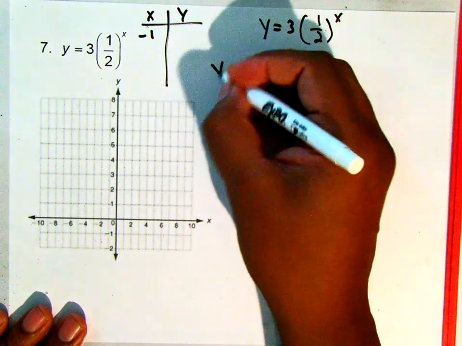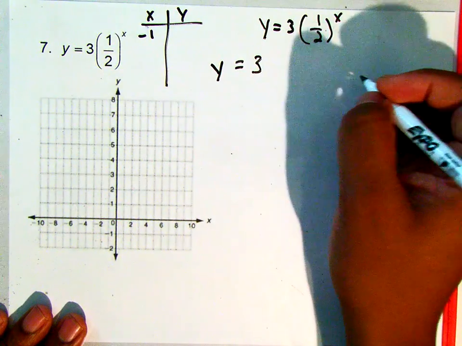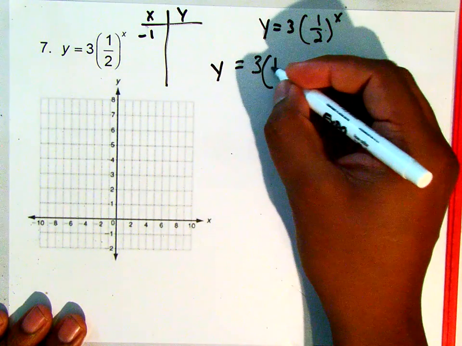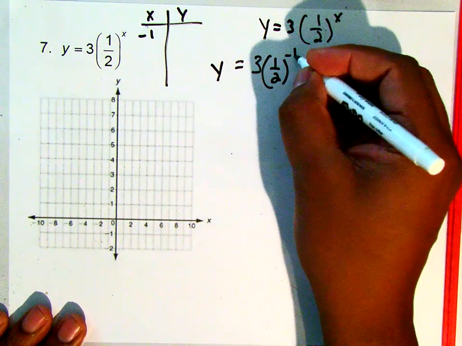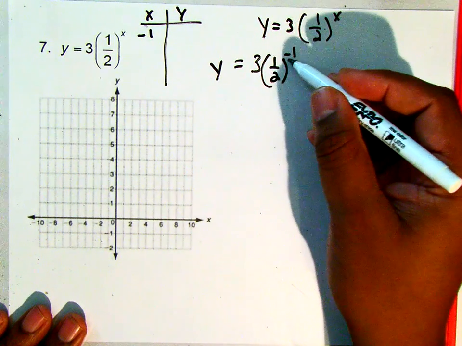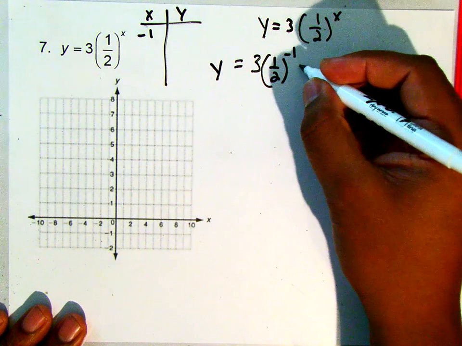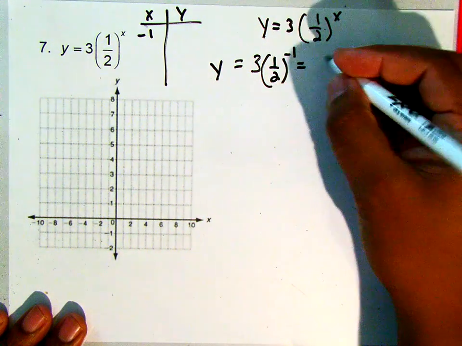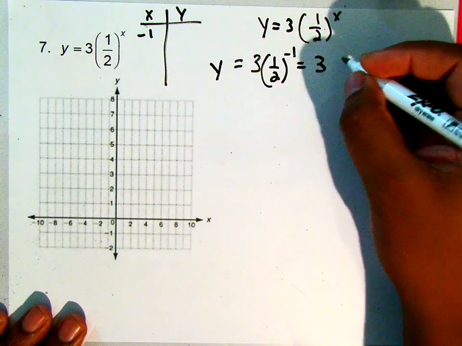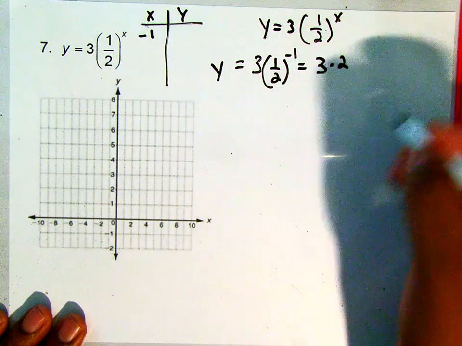So when I plug in -1, I get y is equal to 3 times 1/2 raised to the -1. And remember, when you have -1 for your exponent, you're going to flip your fraction. That's going to get you 3 times 2 over 1, which is 2.